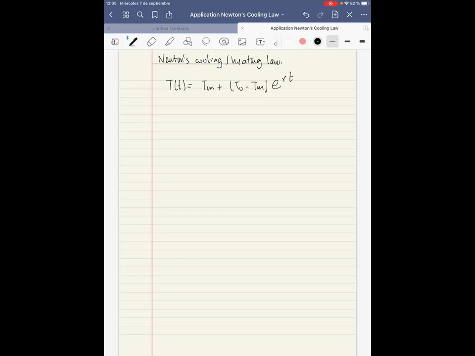This expression means the following. So T is the temperature at any time t of a body that we are studying.